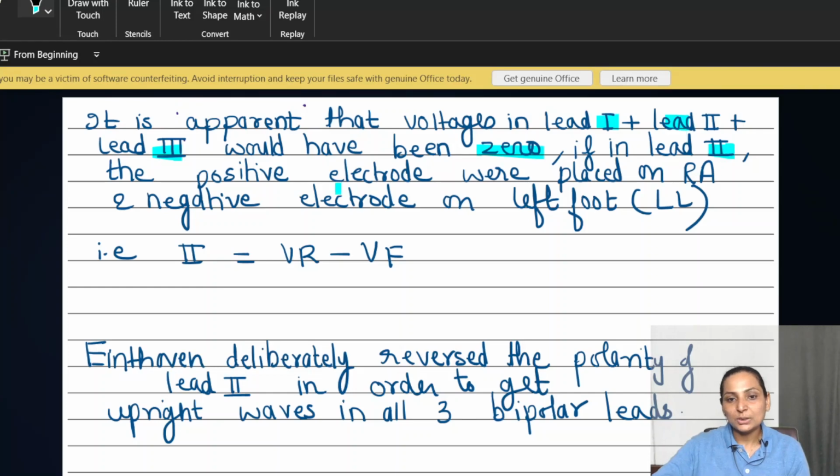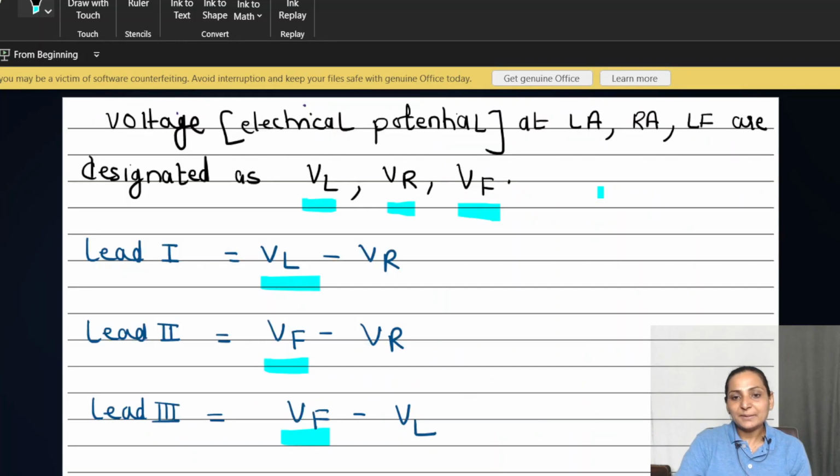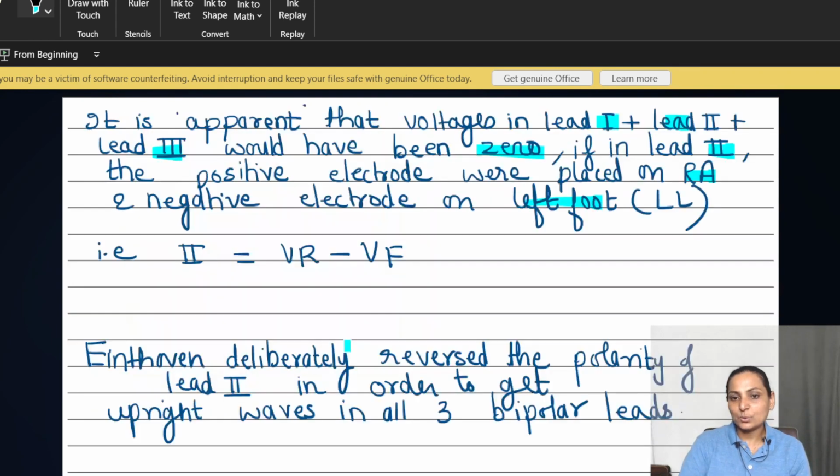If in lead 2 the positive electrode was placed on the right arm and the negative electrode was placed on the left foot. What have we done in lead 2? Our positive terminal is the left foot and the negative terminal is the right arm. If we interchange this, that is, if we place the positive electrode on the right arm and the negative electrode on the left foot, meaning lead 2 becomes VR minus VF rather than VF minus VR, then the sum of the potentials of 1, 2, 3 becomes 0.